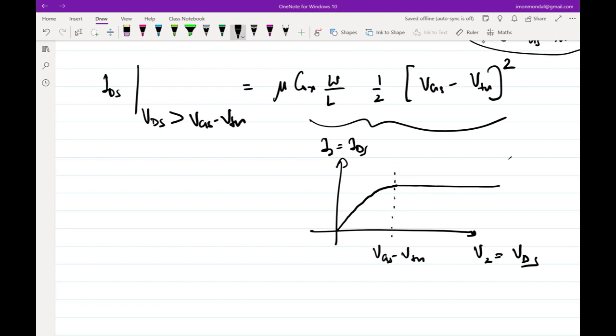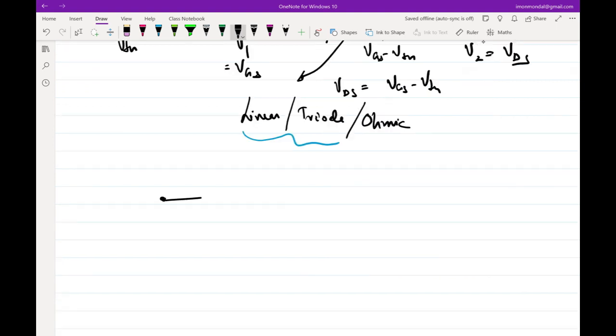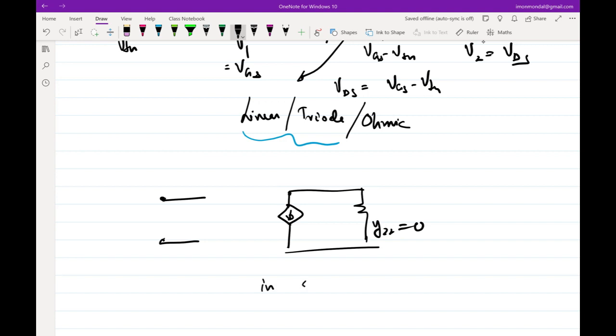The saturation current equation is half mu n Cox W by L times VGS minus VTH whole squared. Now, in saturation, what is the model? My Y11 and Y12 are anyway 0. My Y22 is also 0 in saturation. This is in saturation.